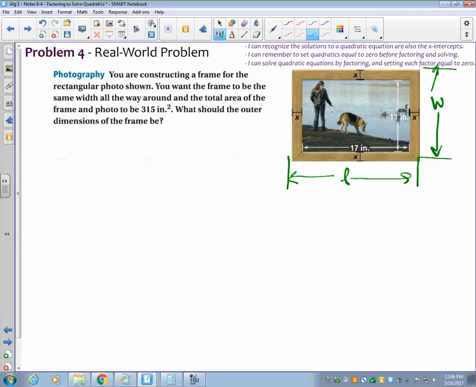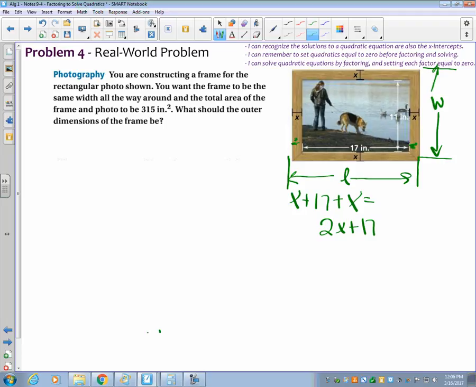So the length is going to be 17 plus an x here plus an x here. So that's 2x plus 17 is going to be our length. We want this total length here, because 17 is in the middle, x is on the left, and x is on the right.